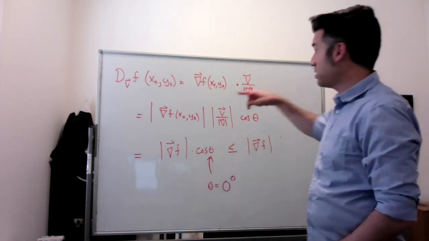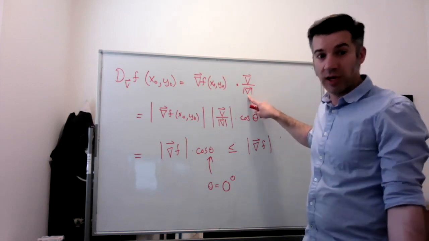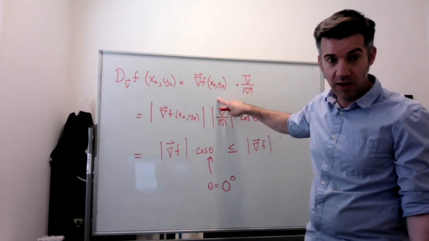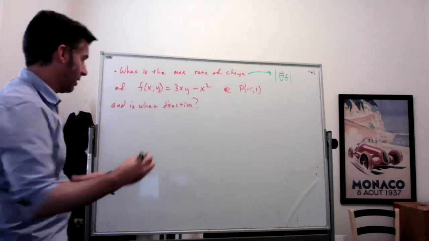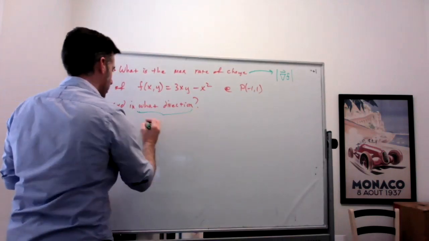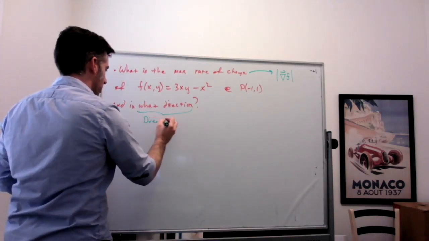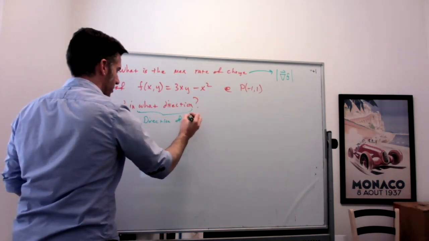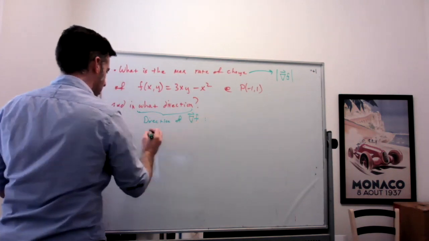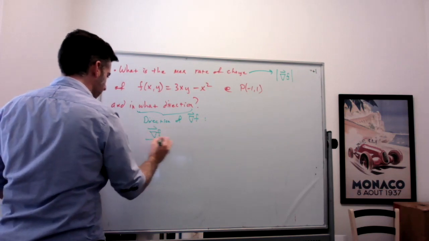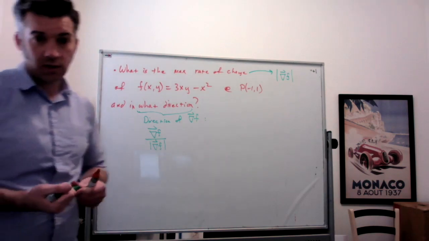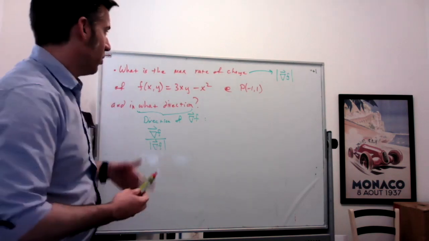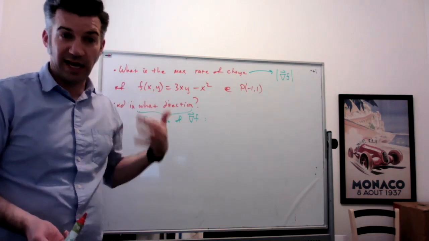So that means that the direction vector v is in the direction of the gradient of f, which means that the direction that the maximum rate of change occurs at is the direction of the gradient, which is going to be the gradient divided by its own magnitude. So long story short, you don't have to figure this out every time you're trying to answer these questions.